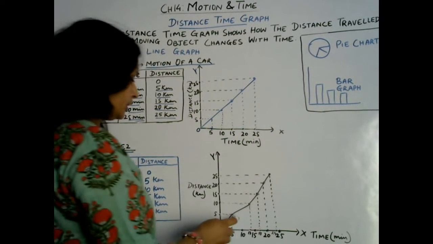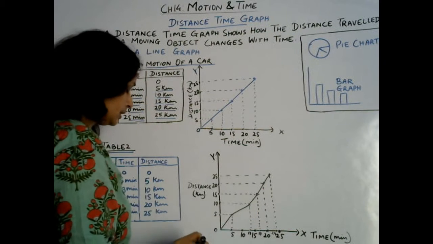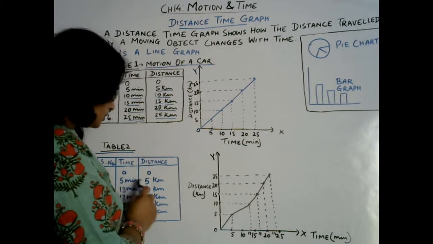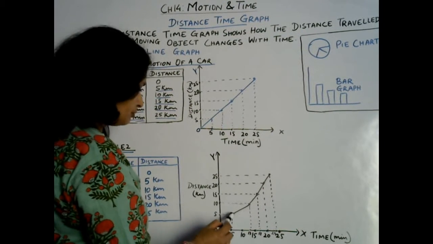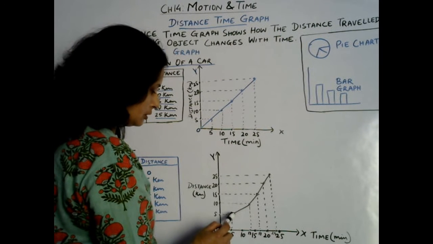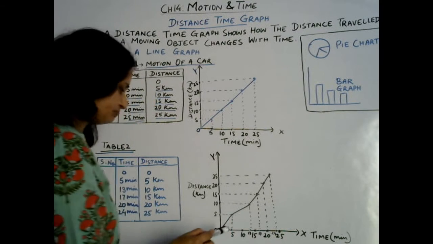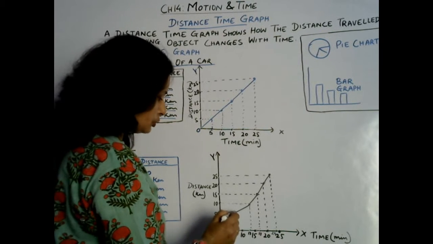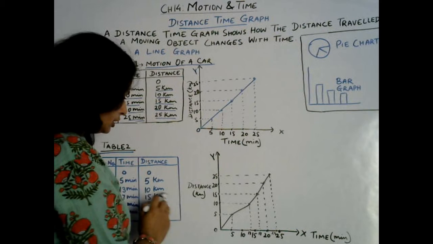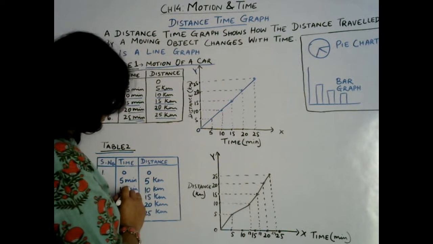So after joining the dots, how do we get such a line? In the first 5 minutes, 5 kilometers, then put a dot here, then next 10 kilometers in 13 minutes.